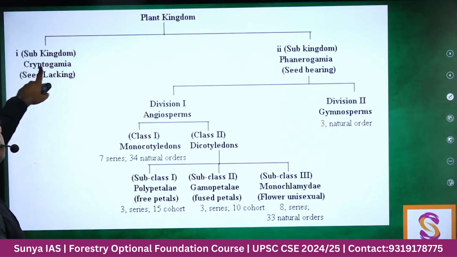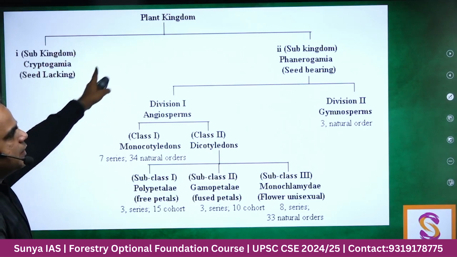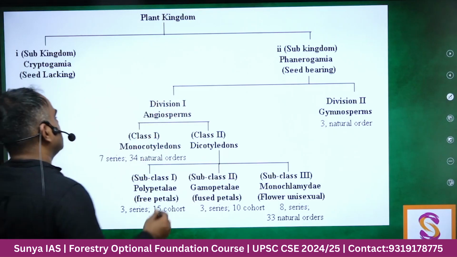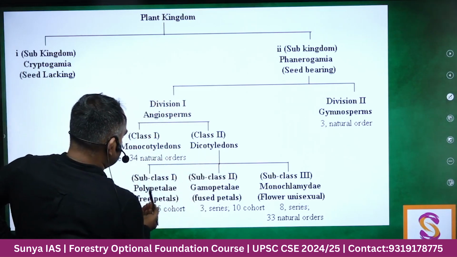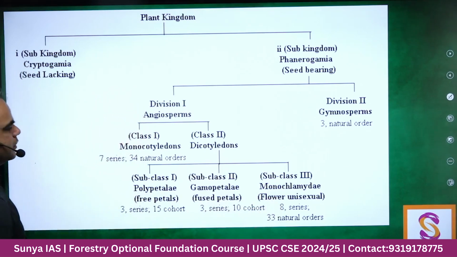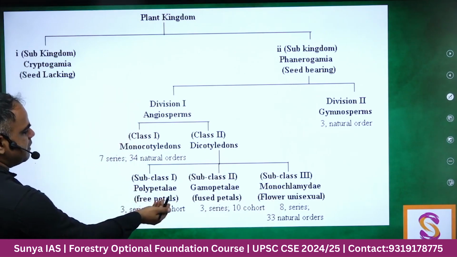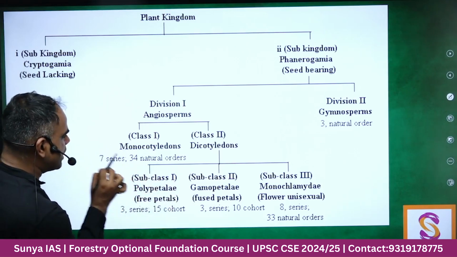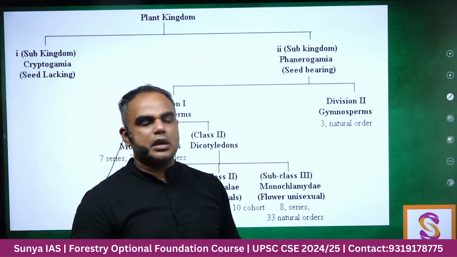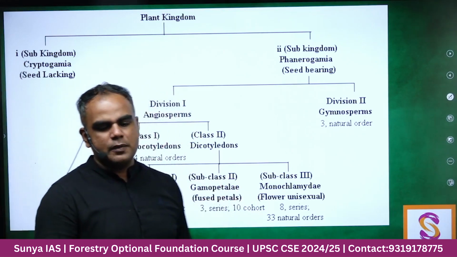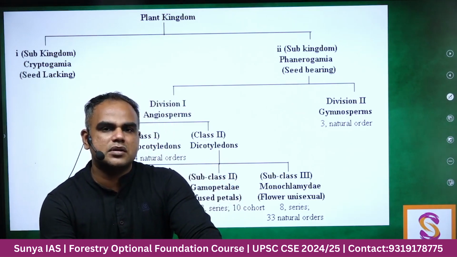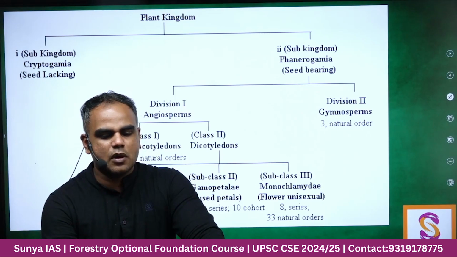Now this is your Bentham and Hooker classification. In the plant kingdom, cryptogam is lacking seed, and you have phanerogam, which is seed bearing. This is divided into monocotyledons and dicotyledons, and within dicots are polypetalae, gamopetalae, and monochlamydeae. Polypetalae has free petals, gamopetalae means fused petals, and monochlamydeae basically means flowers that have a single perianth whorl or are unisexual. Again, this is a natural system of classification.